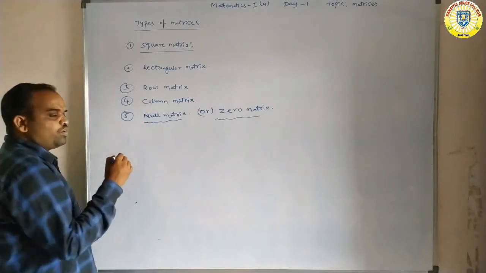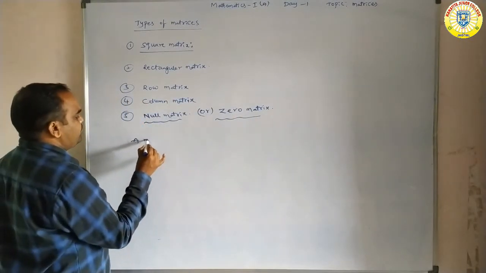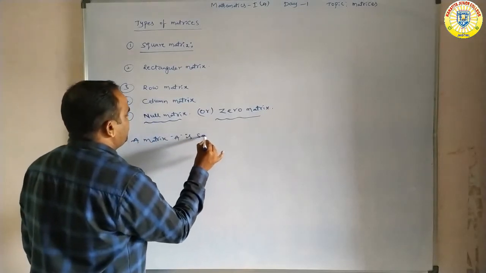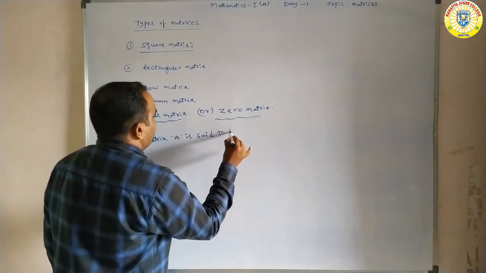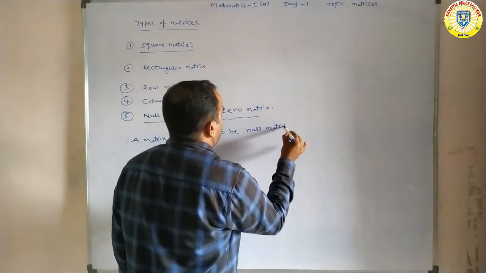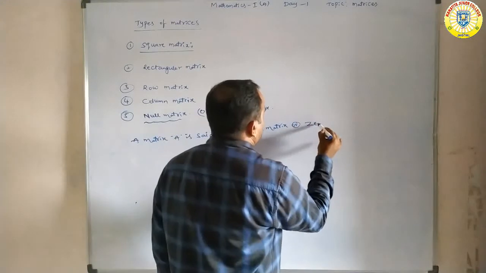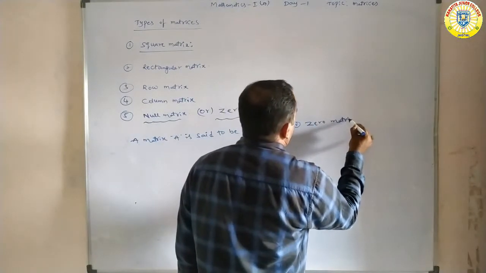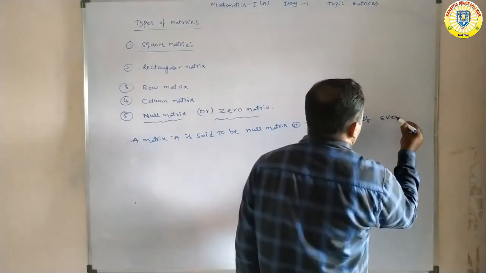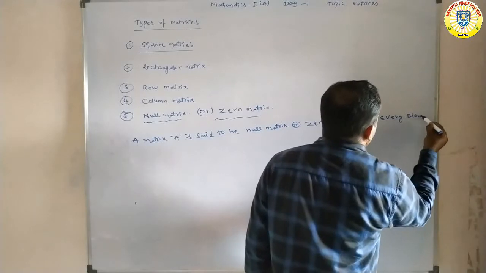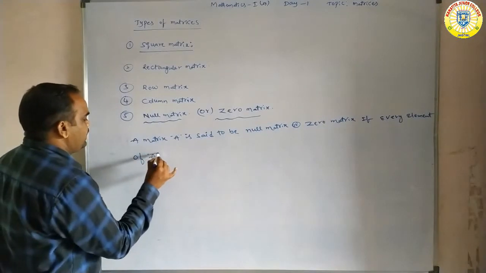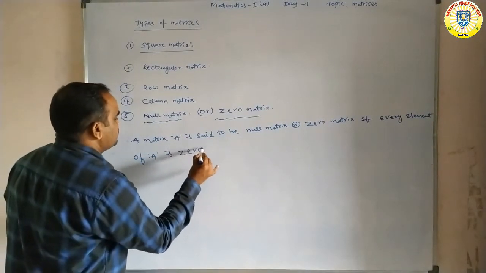So a matrix capital A is said to be a null matrix or zero matrix if every element of capital A is which one, sir? 0.